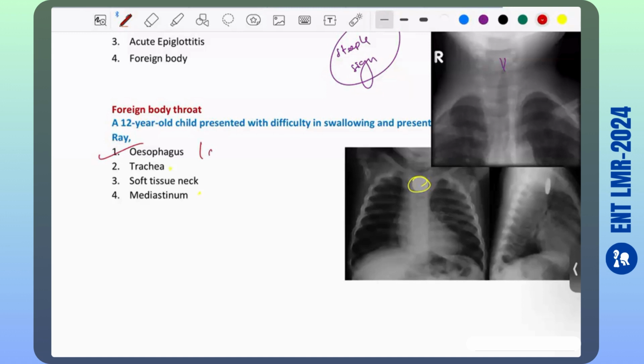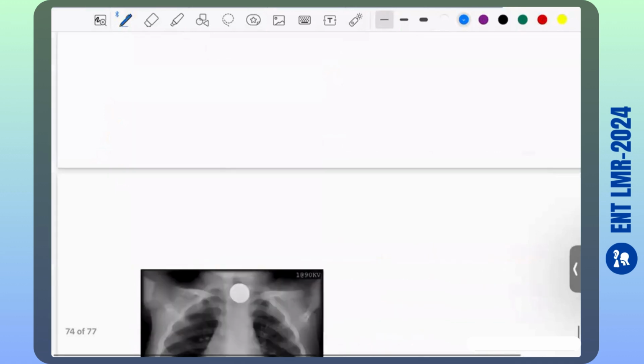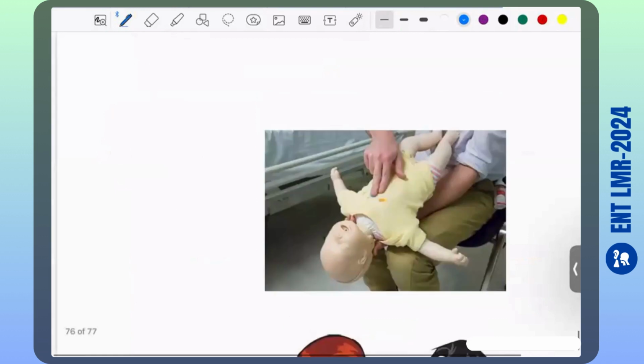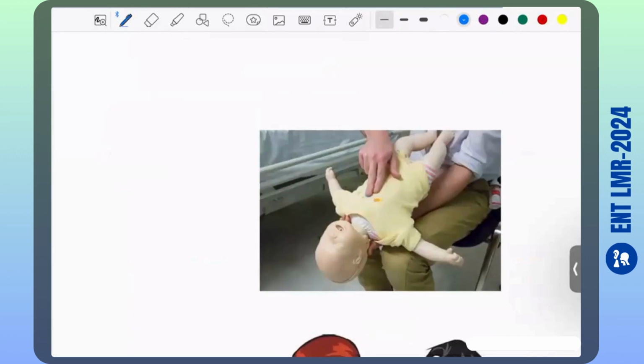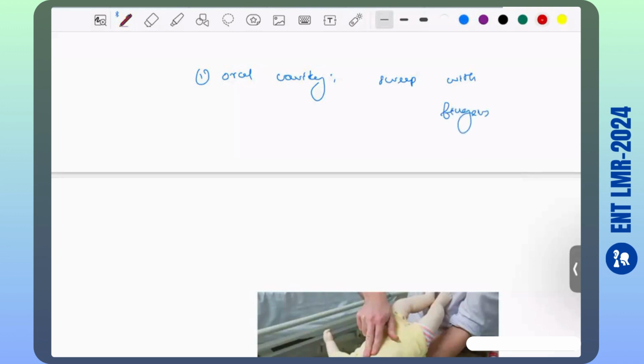So what can we do with foreign body? If a patient comes to you with foreign body, what shall you do? First, if it is present at the oral cavity, if it's suspicious, you put the fingers in the mouth of the child and sweep with fingers. This is done for only babies.